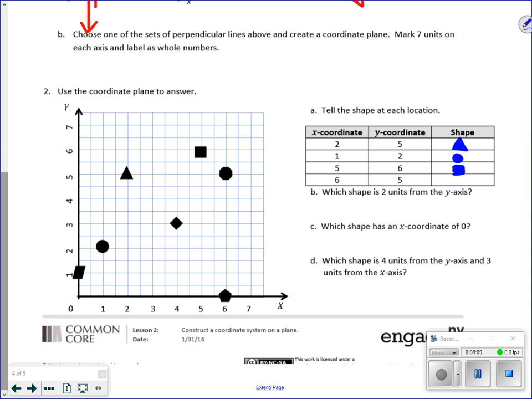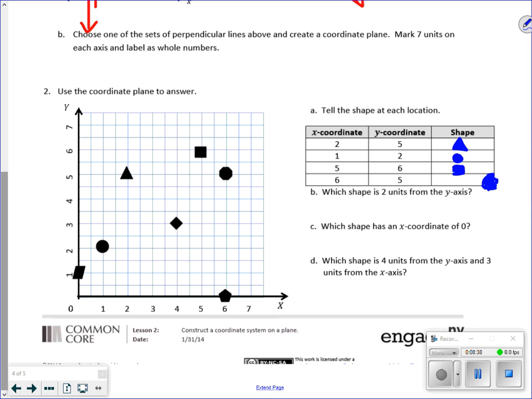What is at x6, y5? Octagon. Not very pretty, but it's hard to do with a smartboard marker. So over 6, up 5.